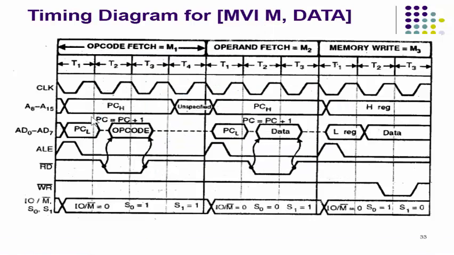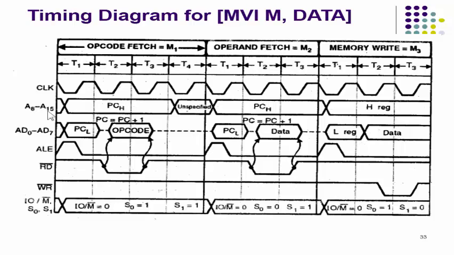The first machine cycle, that is the M1 machine cycle, is opcode fetch, to fetch the opcode for this MVI M. The second machine cycle is for the contents available in the operand field, and one more machine cycle is required, that is memory write, the third machine cycle, M3, to write data in the memory.